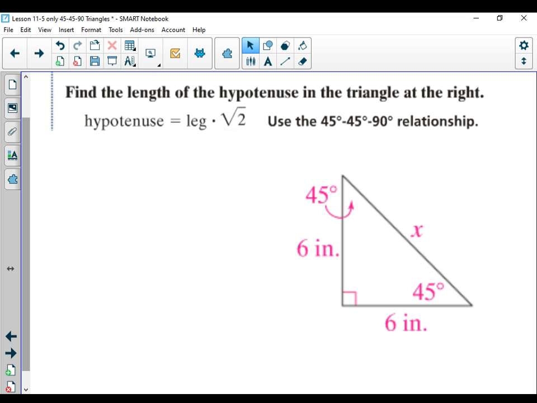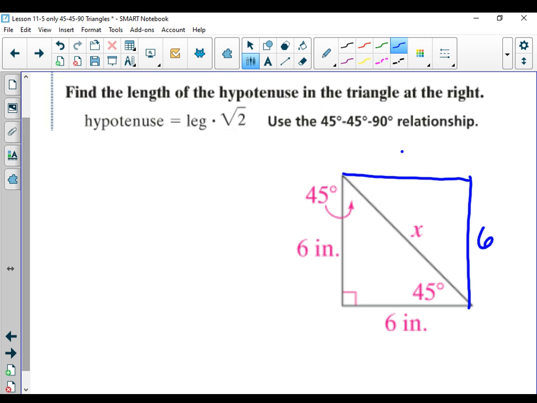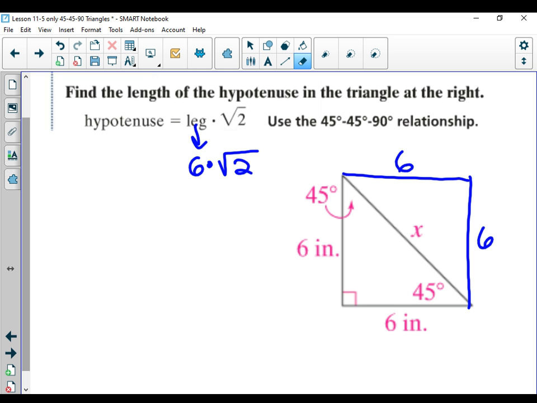Okay, so here's our first box. Both legs are 6 because it came from a square where all the sides were 6. I'm going to swap out the leg and put in 6 times the square root of 2. Typing carefully.